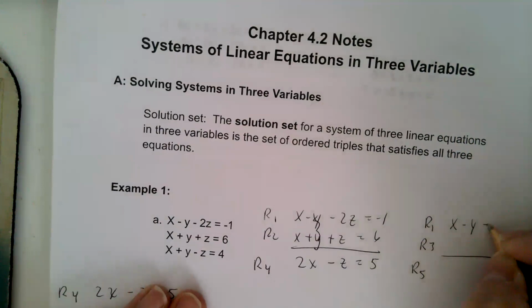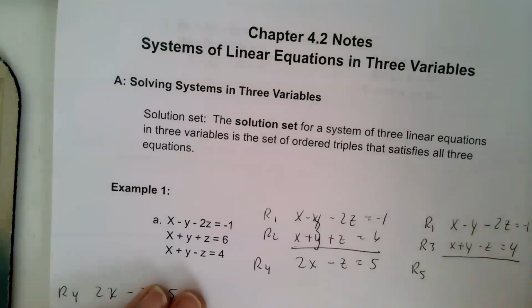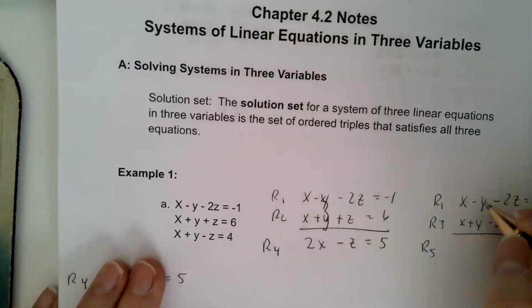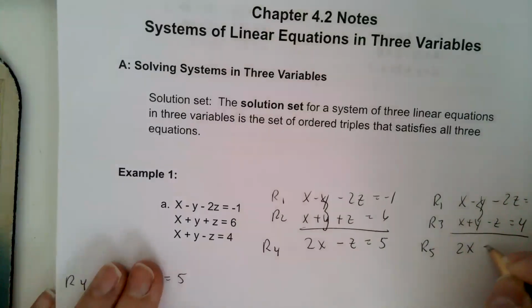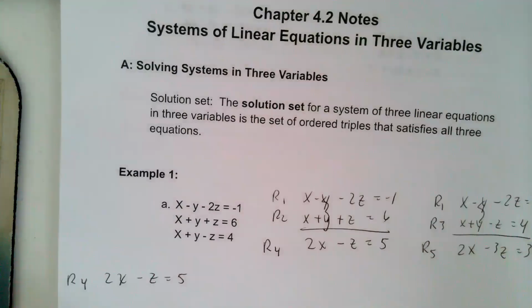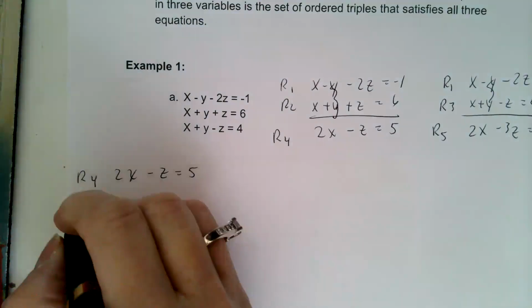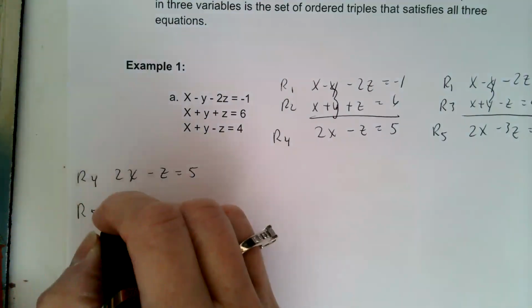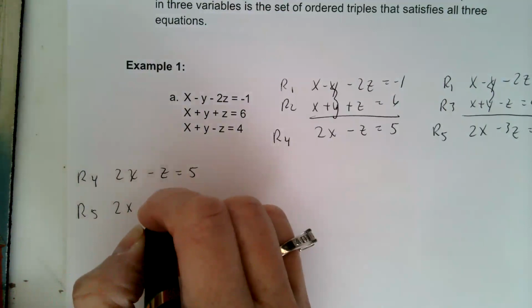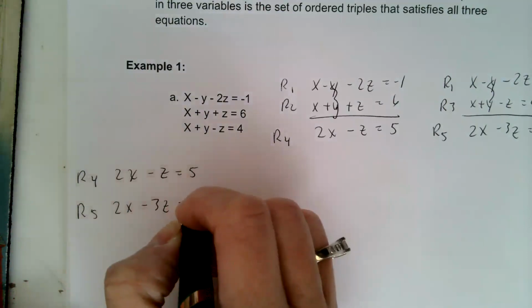So x minus y minus 2z equals negative 1, and x plus y minus z equals 4. Again, my y's cancel. I have 2x minus 3z equals 3. That's my row 5. So I'm going to write row 5 over here: 2x minus 3z equals 3.